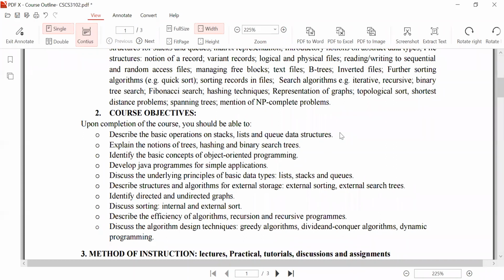Because tomorrow when you complete your studies and you are facing the job market, you will need to put these skills into practice, because that's what you will be paid for. They will not pay you to come and sit and not do anything.